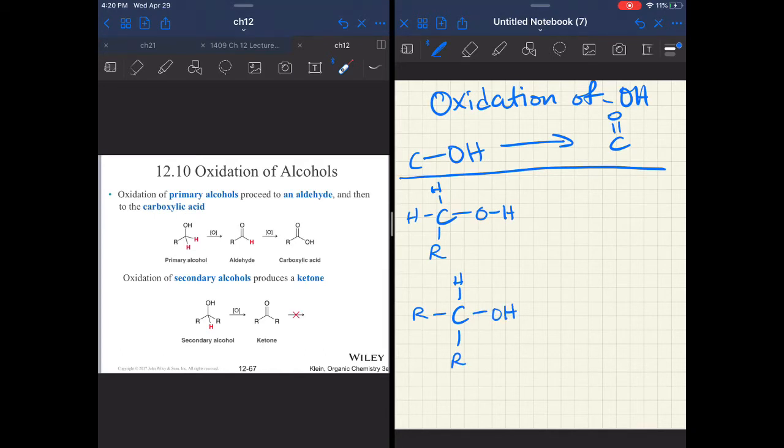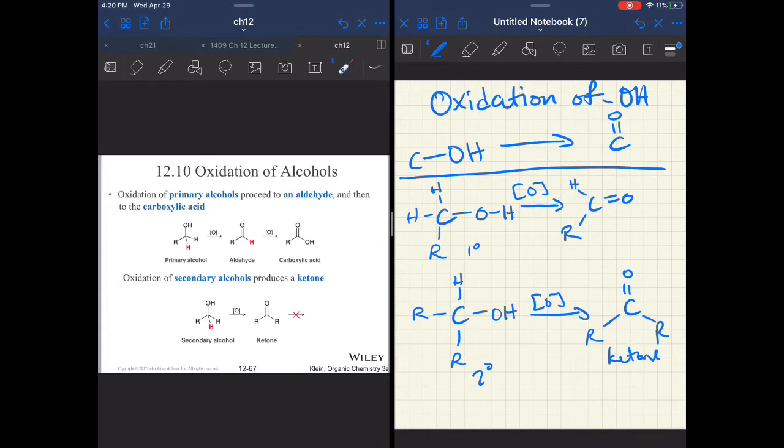Now, they both can be oxidized to give an additional bond to oxygen, H and R, right? With the secondary also giving us, I'm going to put the R groups like this, a ketone.